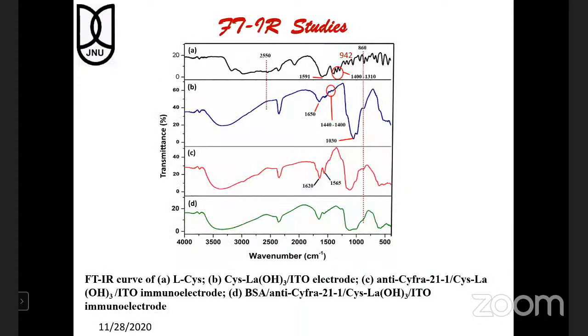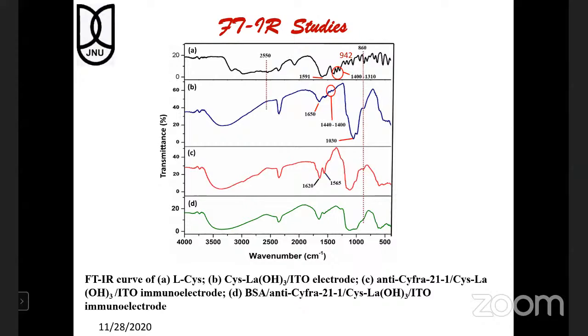For further functionalization of the nanomaterials onto the electrode surface, during the binding of the antibodies and the binding of the BSA, we have to check whether there is a change in the functional groups or not. For that we have done the FTIR study.